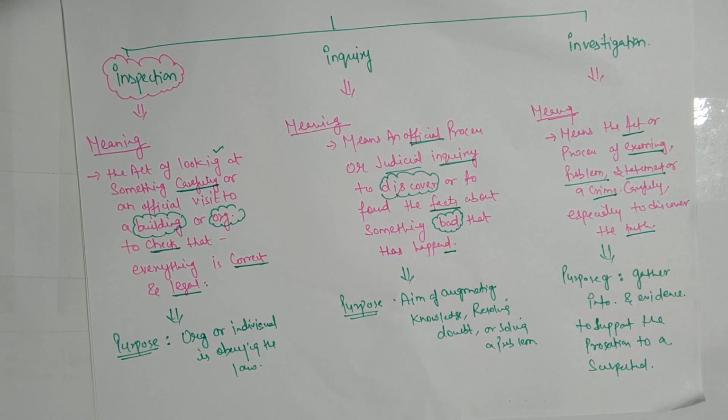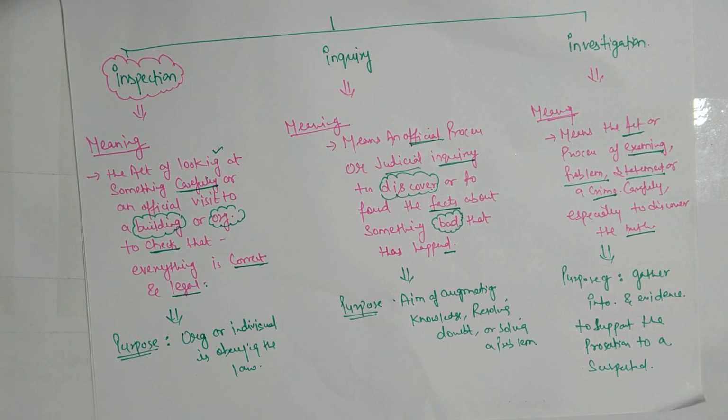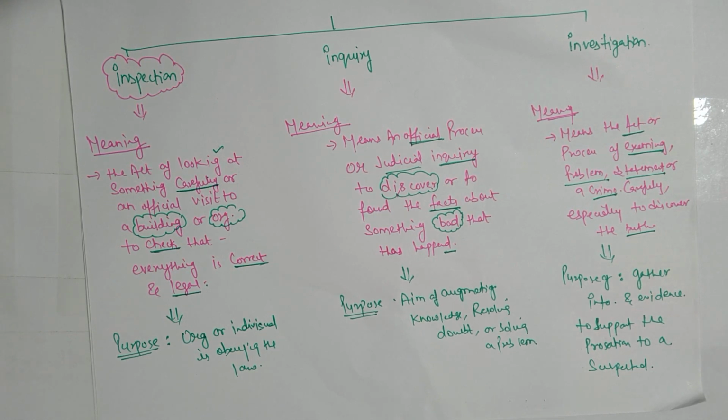Inspection is not negative news because it is a regular practice of the company, authority, employee, but investigation is a serious affair because it is only generated when some suspicious activity has already been done in the business organization and now we want to find out what the problem is. So we are doing that investigation. Okay.